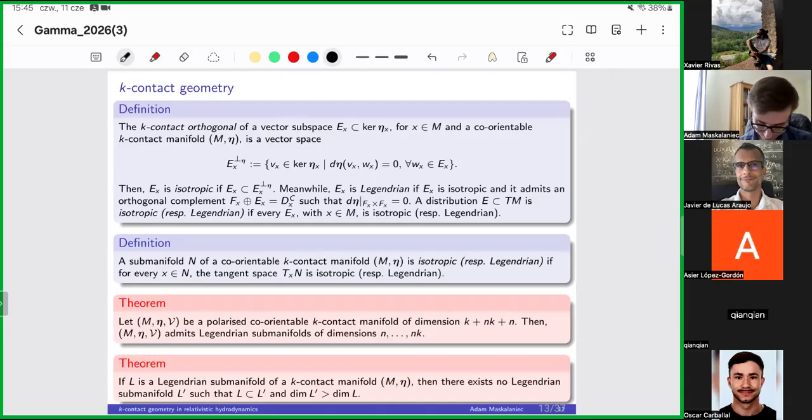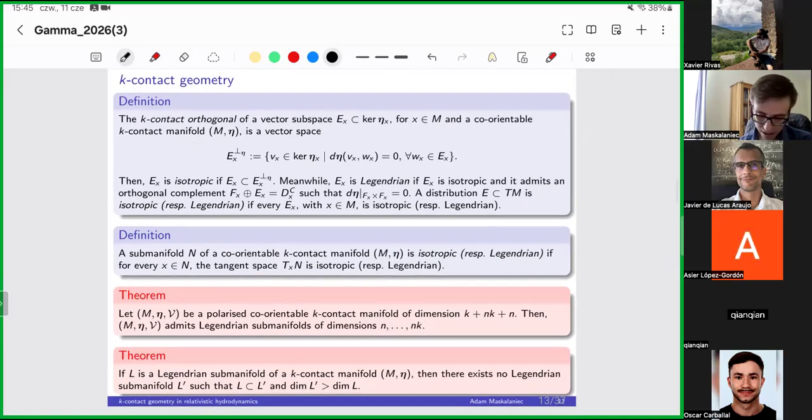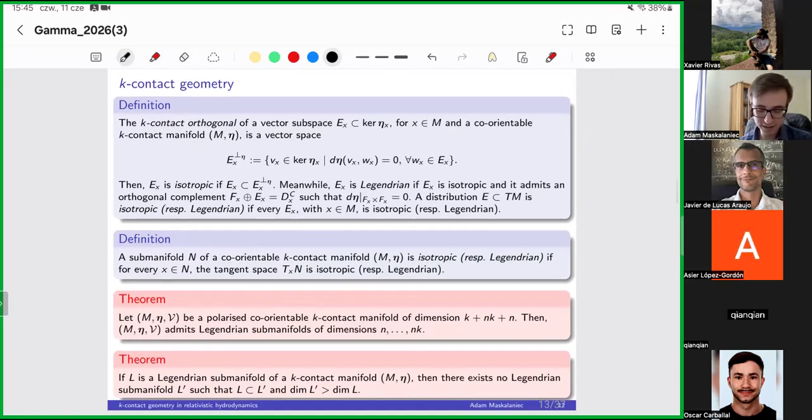So the first observation is that in the k-contact setting, unlike in the contact setting, even when we have a polarized k-contact manifold, which is already a very specific case, we may find Legendrian submanifolds of different dimensions from n up to n times k.